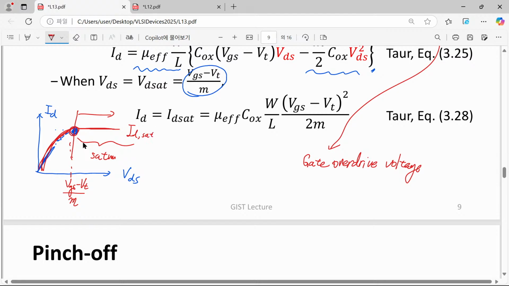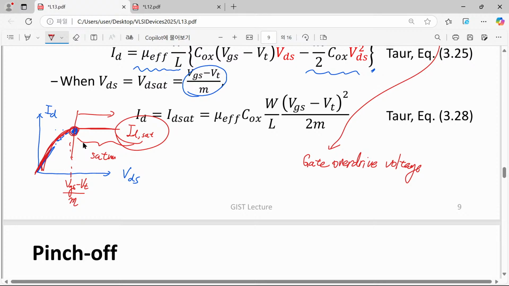As we know, when we use it as a transistor inside a circuit, the operation regime is usually this saturation regime, not the triode or linear regime.